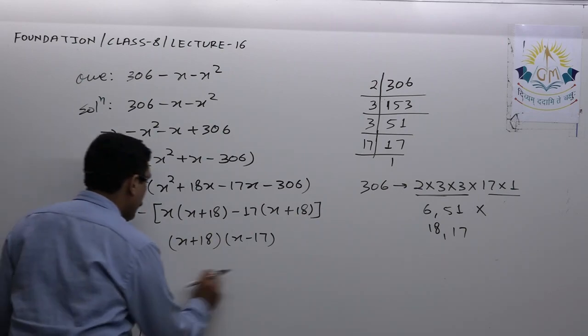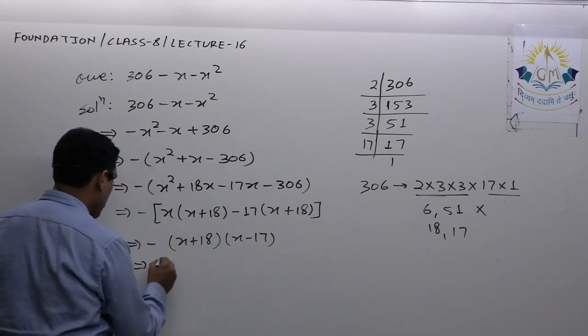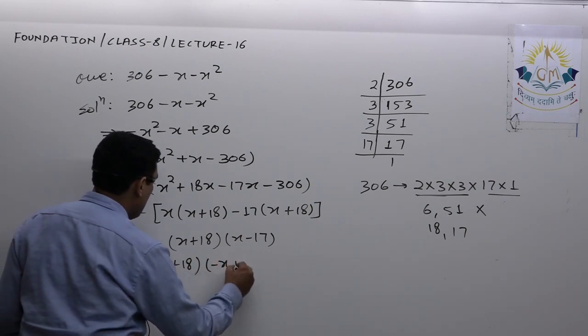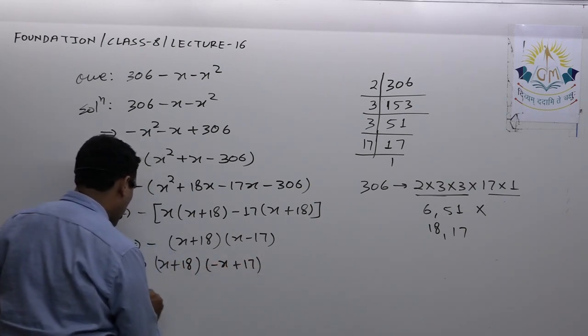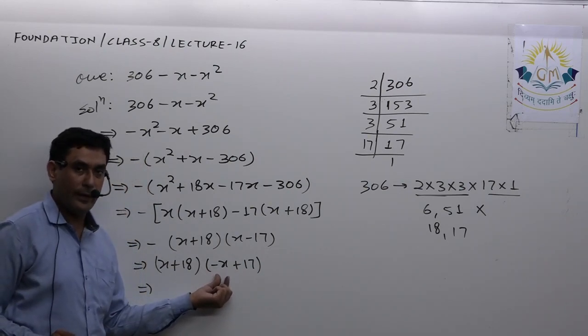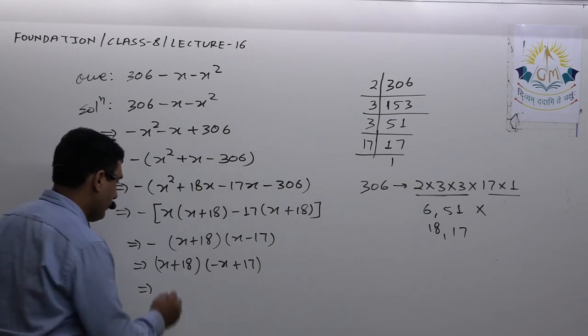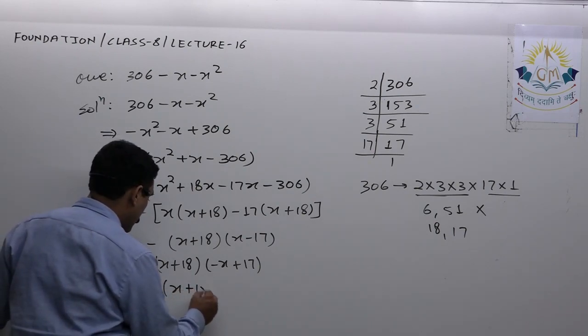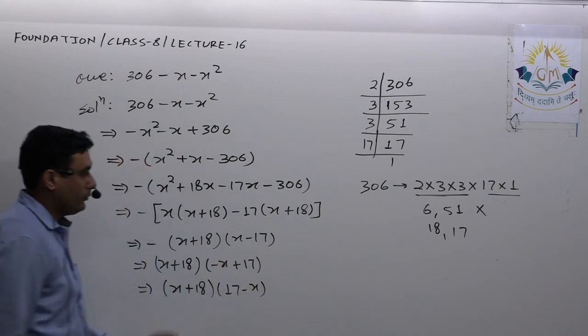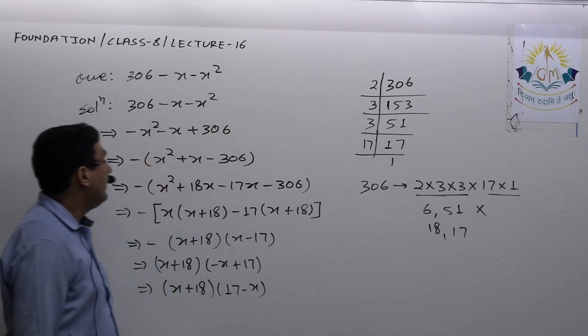So we'll take this minus sign over here. So I can write x plus 18 times minus x plus 17. I also told you that we never start a bracket, or the first term of the bracket, with a negative sign. So here I write x plus 18, and over here it is 17 minus x. So this is my final answer.